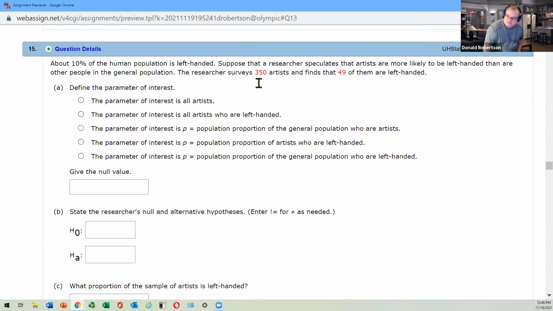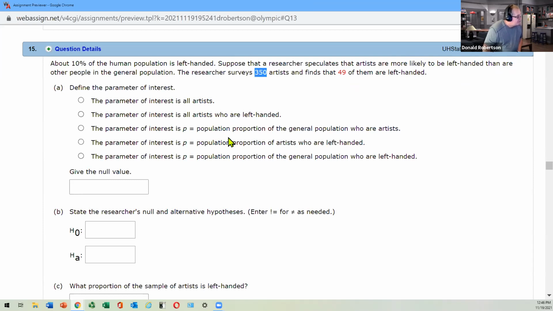Oh, it's not. Wasn't it difference between left and right-handed, left and right feet or something? I take that back. Okay, so about 10% of the whole human population is left-handed. Suppose that a researcher speculates that artists are a little bit different from that. And so he collected data where it's 49 out of 350.